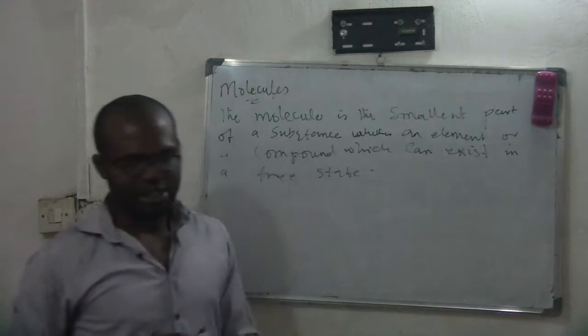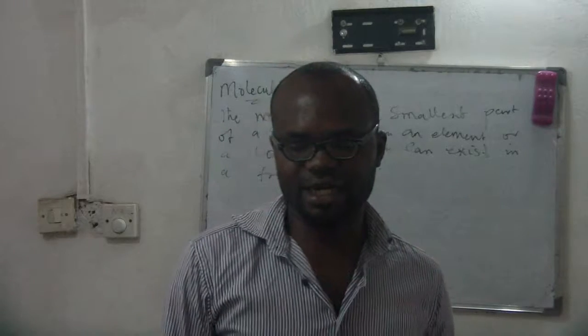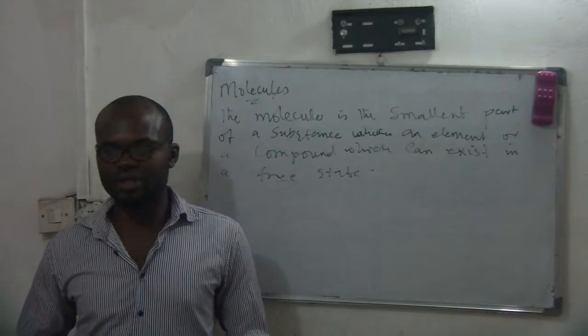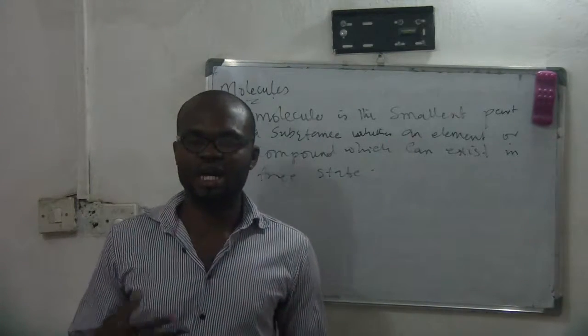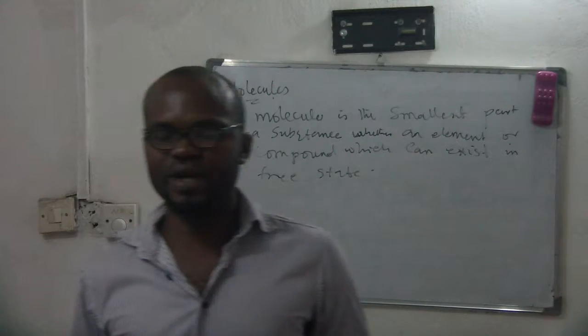Is that clear? A molecule can always exist in a free state, unlike an atom. An atom always exists in a combined form, whether with other atoms or with atoms of different elements. But you can always see a molecule existing on its own.